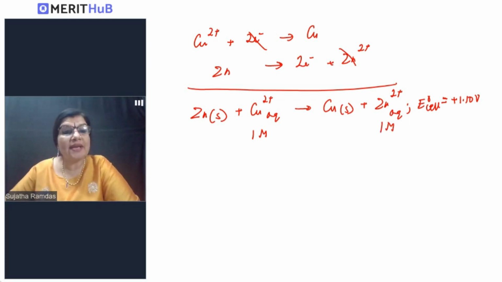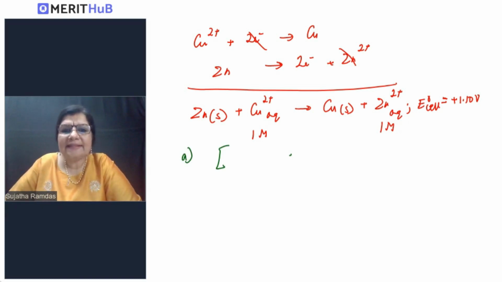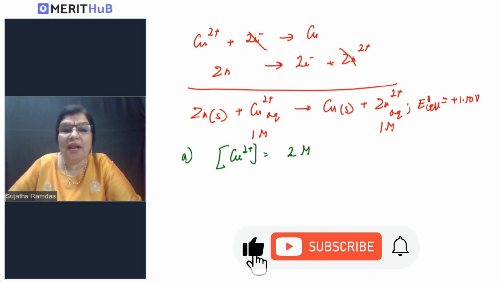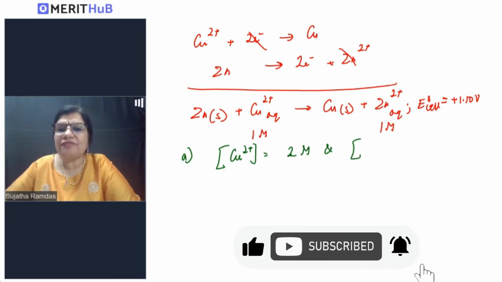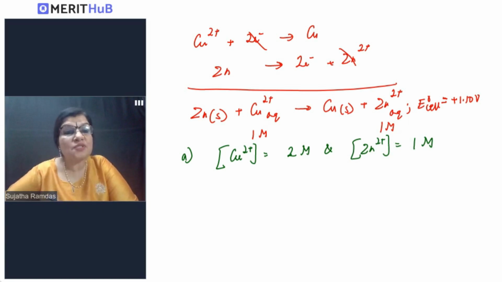Now, suppose we convert this Daniell cell into a non-standard condition. Temperature is maintained constant. Let's change the concentrations. For example, in situation A, let the concentration of copper ion be 2 molar and that of zinc ion remain 1 molar. What happens when we take two solutions of different concentrations?